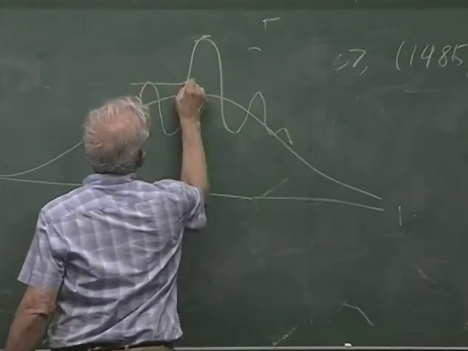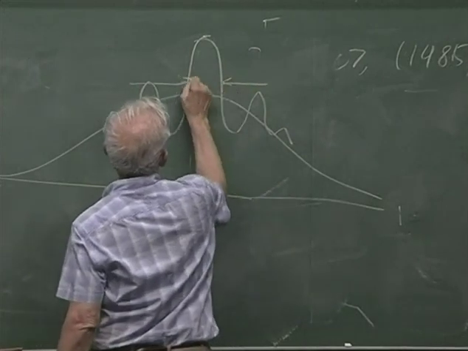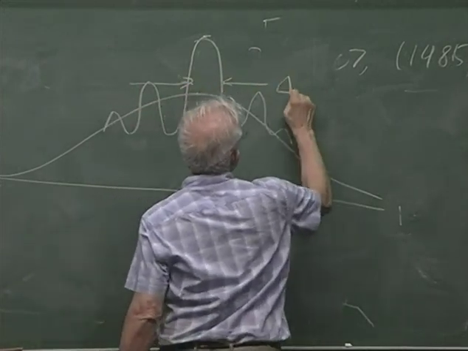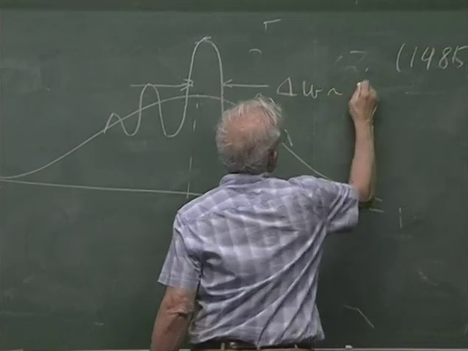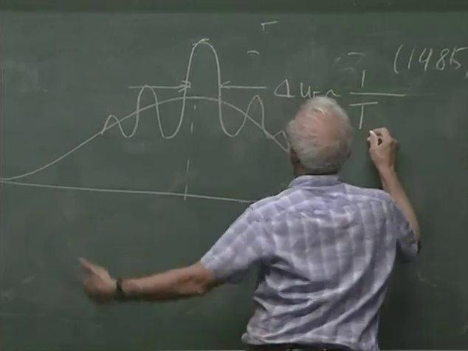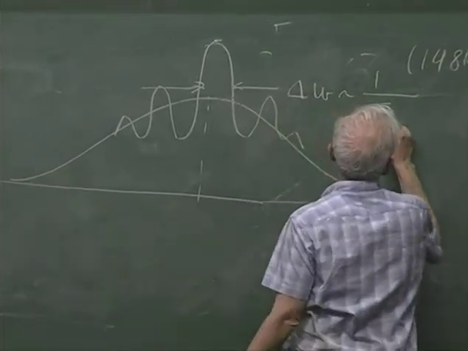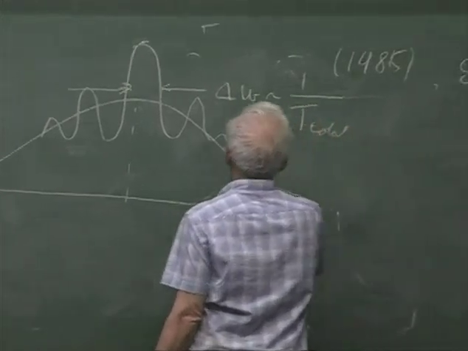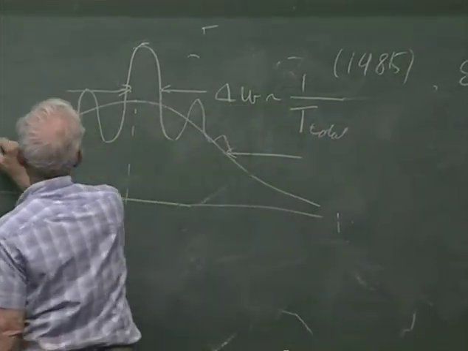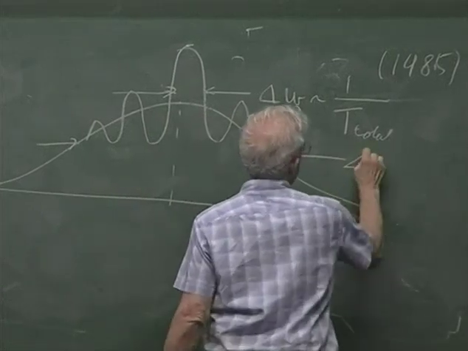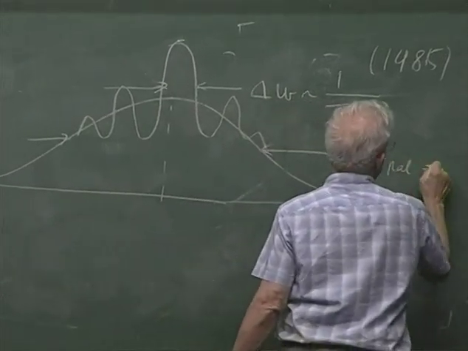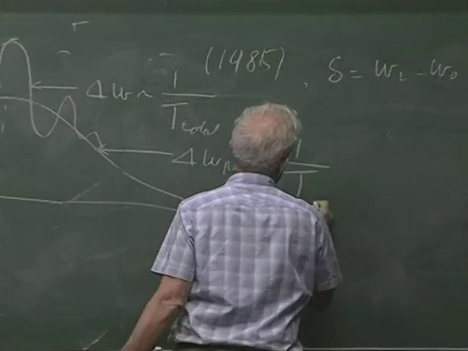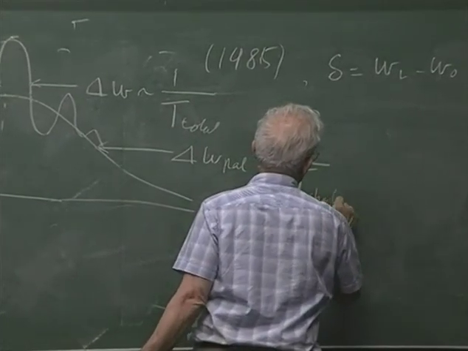The advantage of it, too, is that this width over here, delta omega, is essentially 1 over the total interaction time, T total. This width over here, for the Rabi curve, delta omega Rabi, is equal to 1 over, I say, the time in the short coil. Okay?